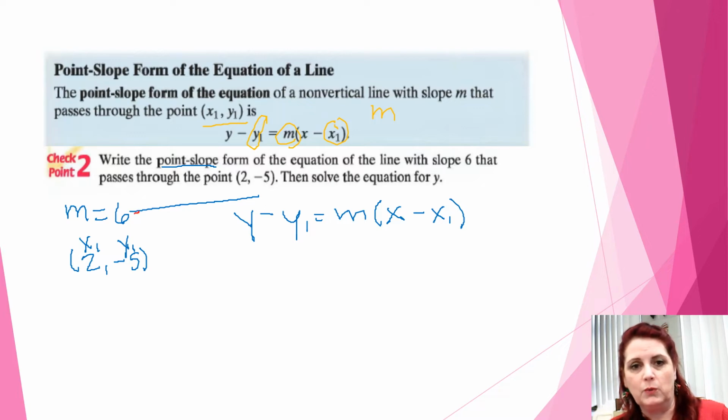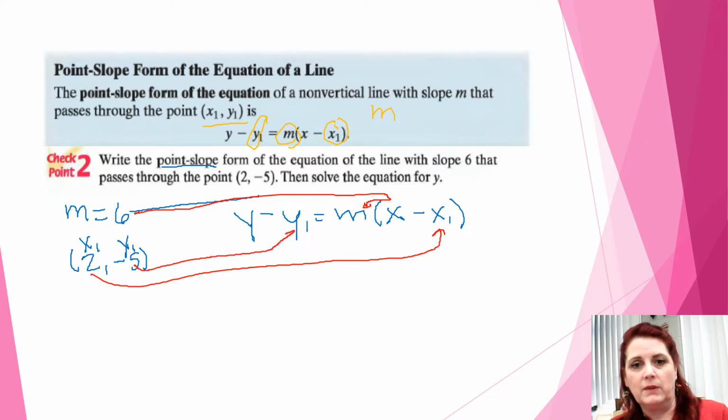The 6 goes here, the 2 goes here, and the 5 goes here. So we're going to rewrite this as y minus -5 equals 6 times x minus 2.